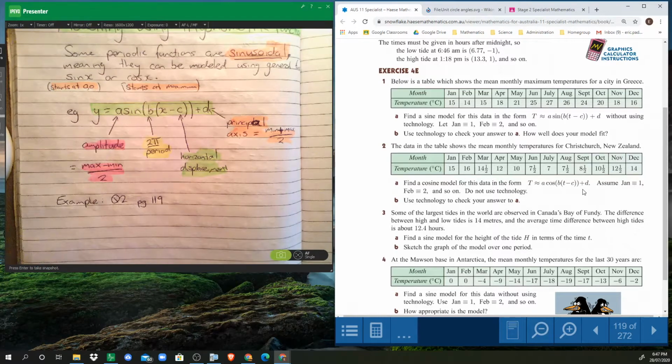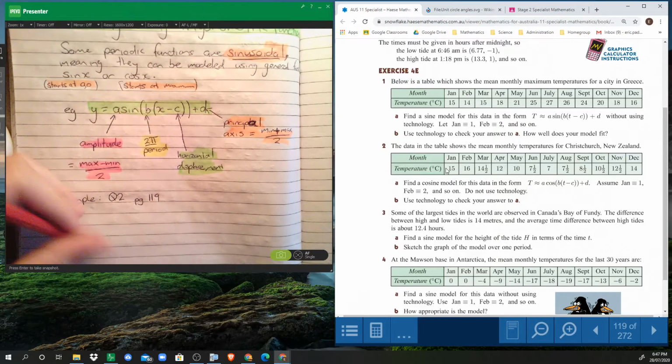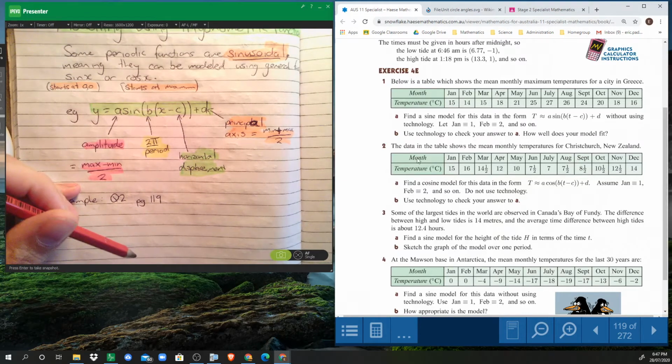Now, we're going to try to do this without technology, and then we're going to put the function into the calculator and see what we can do with that. I've already loaded in the data here. It might be helpful to do a rough sketch, but the way we're interpreting the month is we're going to count 1, 2, 3, 4, 5, 6, 7, 8, 9, 10, 11, 12.